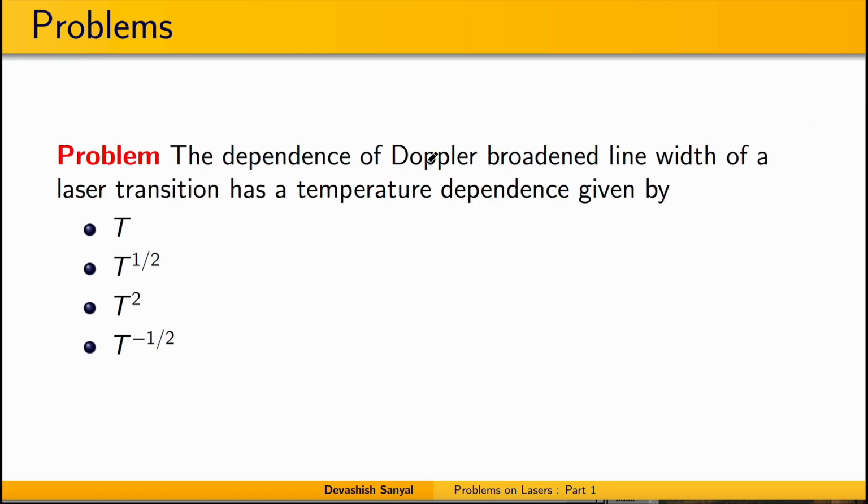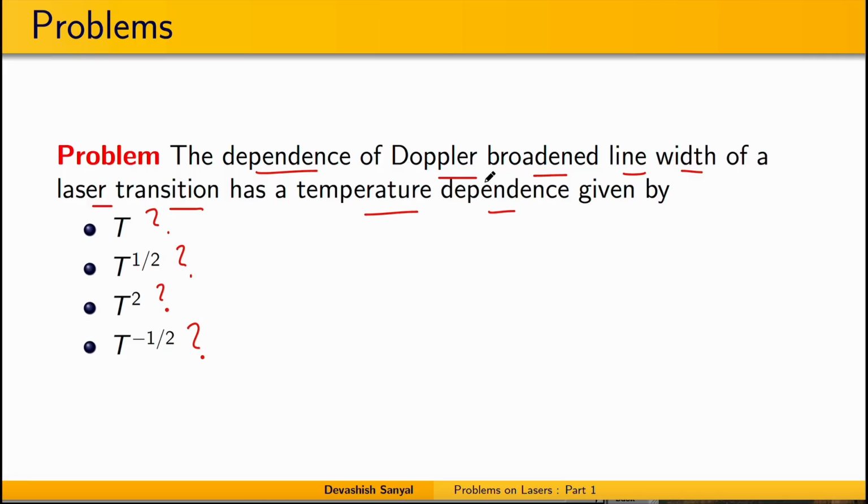So this is another problem. The next problem: the Doppler broadened line width of a laser transition has a temperature dependence given by which one: T to the power half, T square, or T to the power minus half? Remember, a laser transition line is not of zero width; it is broadened.